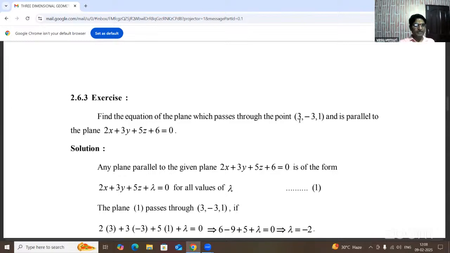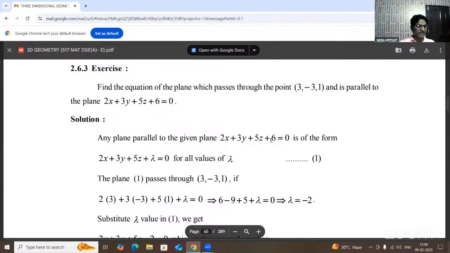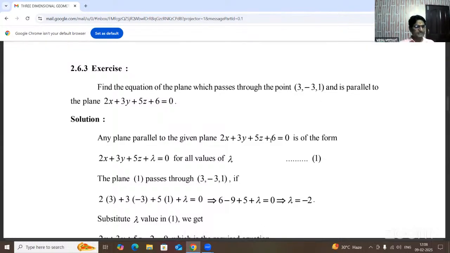Now, this problem is particularly when it passes through the point 3, minus 3, 1 and it is parallel to the plane 2x plus 3y plus 5z plus 6 equal to 0. So, any plane parallel to the given plane, already here the given plane is 2x plus 3y plus 5z plus 6 equal to 0. What is the parallel equation?